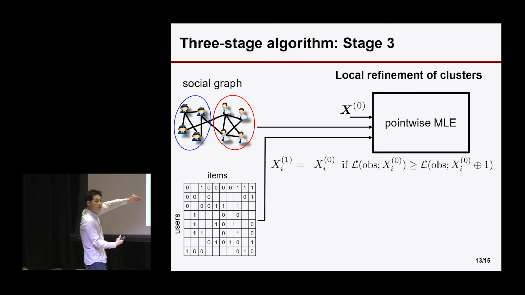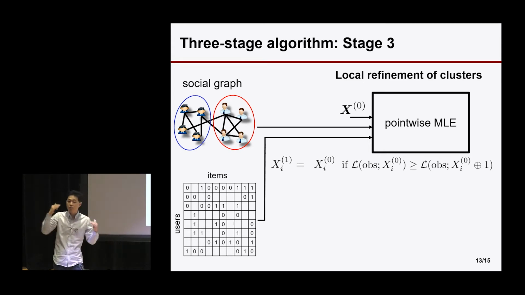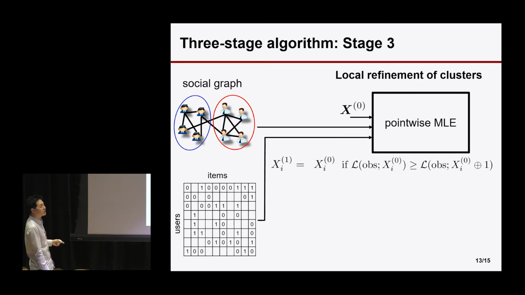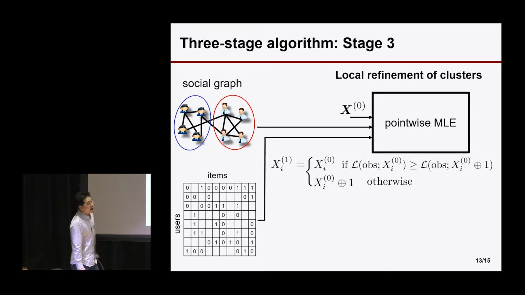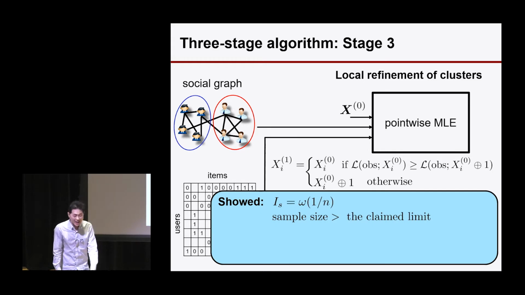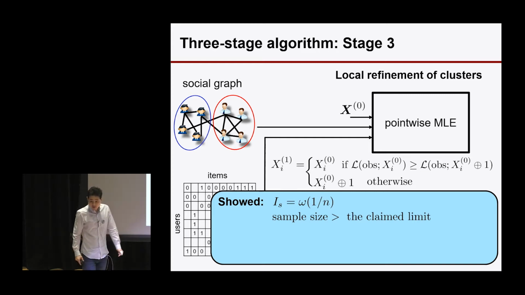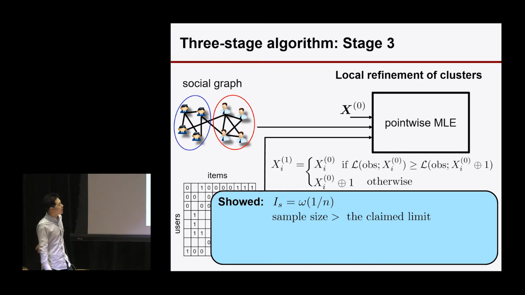And we do this for all items, one by one, step by step. And this forms one iteration. Okay? And it turns out what we have shown here is that if the sample size is above the fundamental limit that I claimed earlier, then with one iteration, we can improve the error rate by a factor of 2.